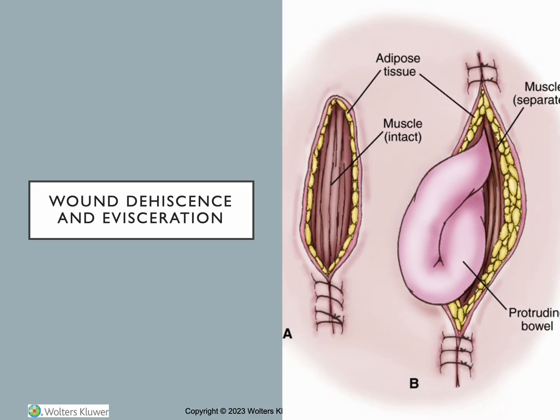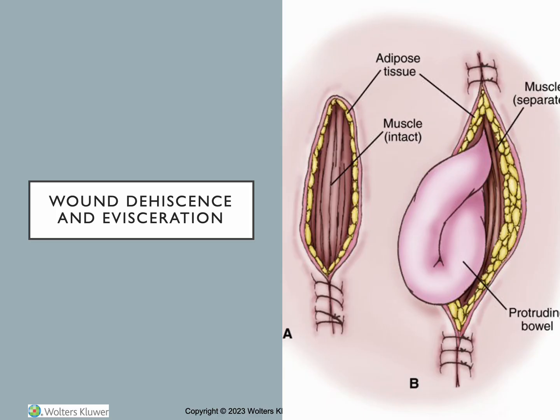Keep them NPO, stay with them, and either call a rapid response or have your charge nurse call the provider immediately, because if they have an evisceration, this is an emergency. They need to go to surgery right away and have that wound closed back up.